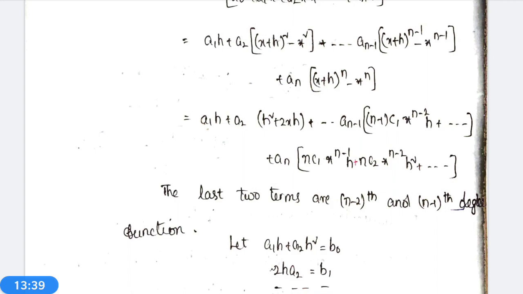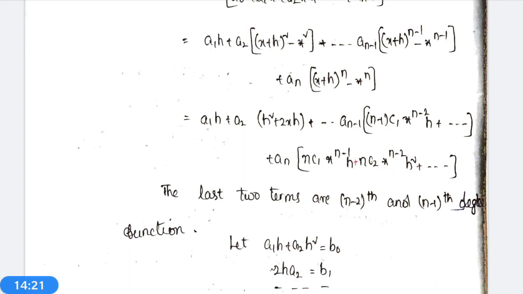Once again, because in the above series there are n minus 1 coefficients, the first one is a1h plus a2h square is equal to b0, 2a2h is equal to b1, etc., n an h is equal to bn minus 1. Therefore, delta fx is equal to b0 plus b1x plus b2x square plus etc. plus bn minus 1 x power n minus 1. Call it equation 3.